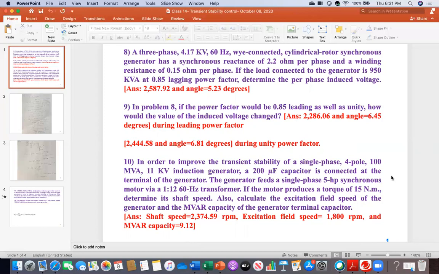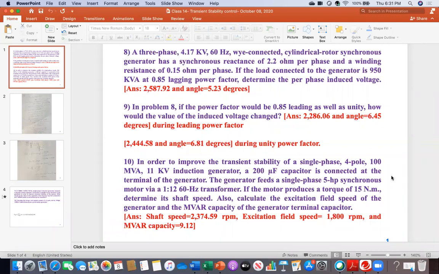Excitation field speed, that is the synchronous speed. Sometimes it is called the synchronous speed of the magnetic field, sometimes it is called excitation field speed.